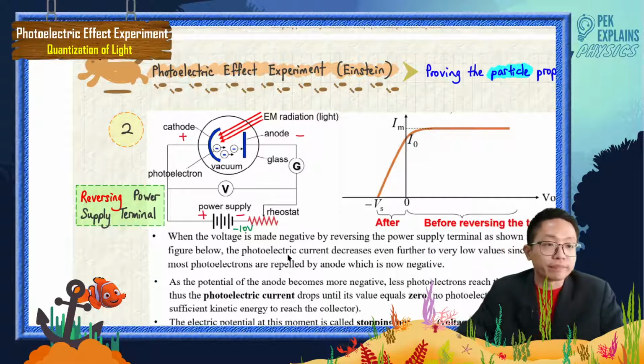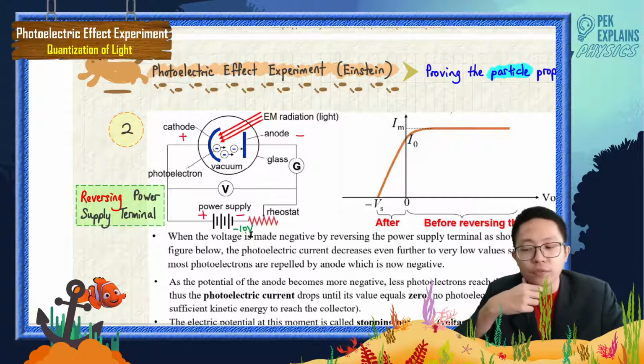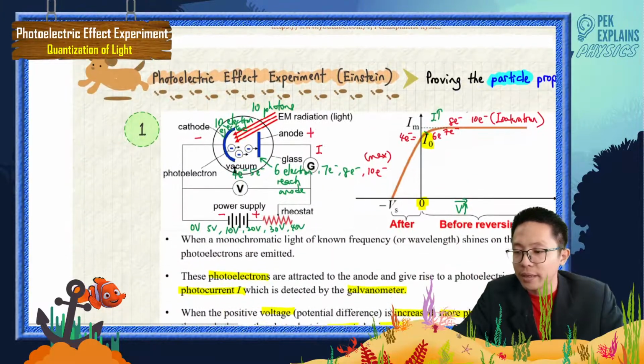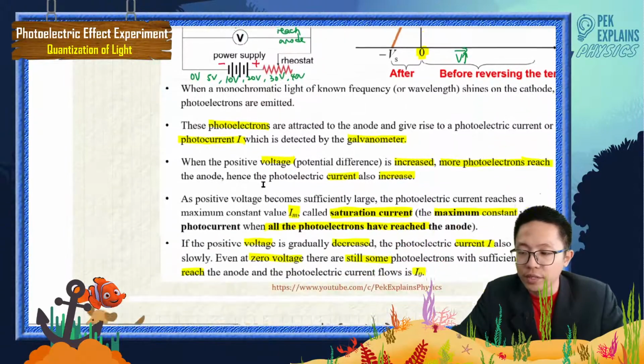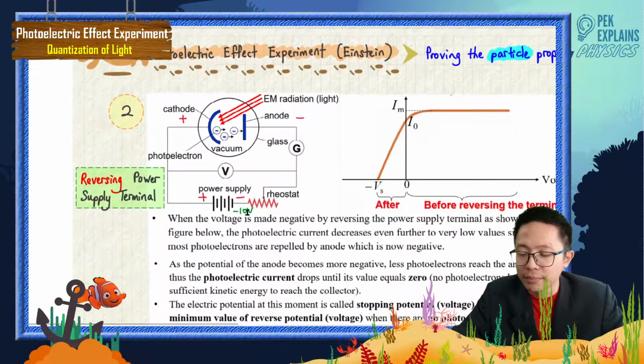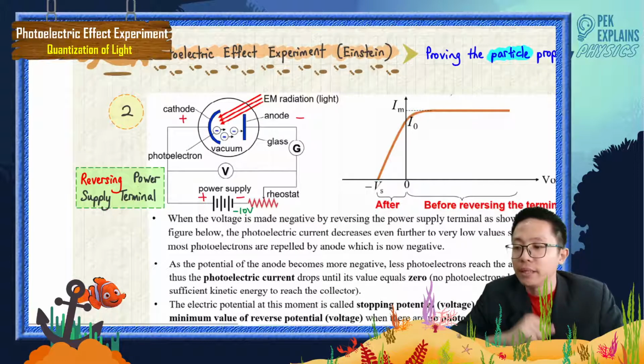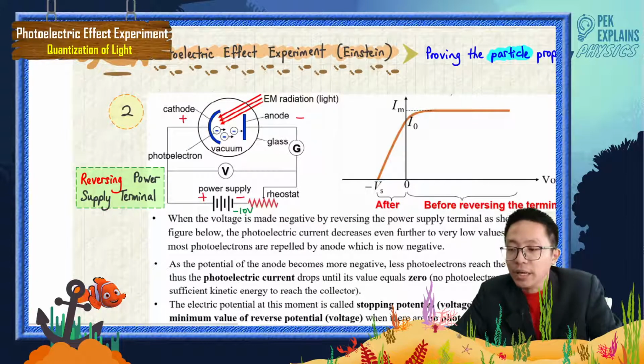What happens with negative voltage? Last time at 0 volt, you had 4 electrons, right? Now I reverse it, become negative 10, and maybe now only 3 electrons can reach.